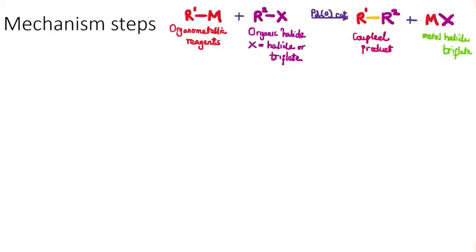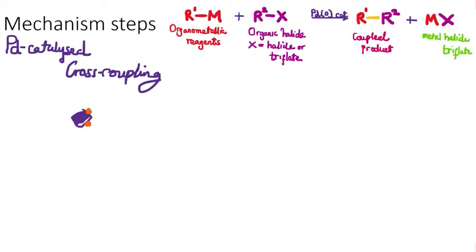So focusing on the mechanism step, first we need to take note that palladium-catalyzed cross-coupling is involved in this step. Our palladium usually starts off with a 14 electron count, with oxidation number of palladium being 0, and then as soon as we have our specific organometallic, but not that coming up first, it is the organohalide that starts off first, not the organometallic.